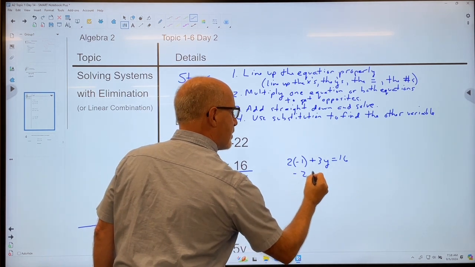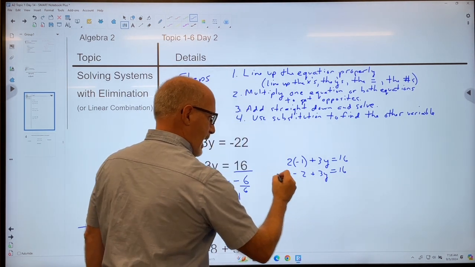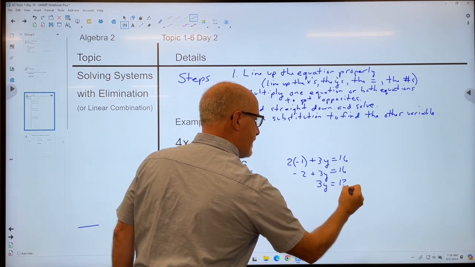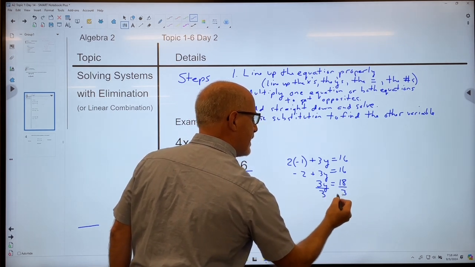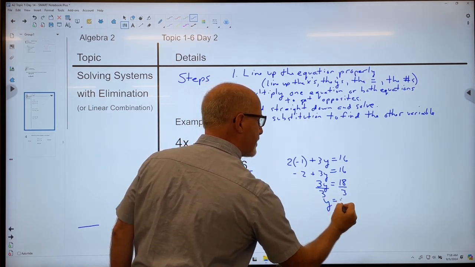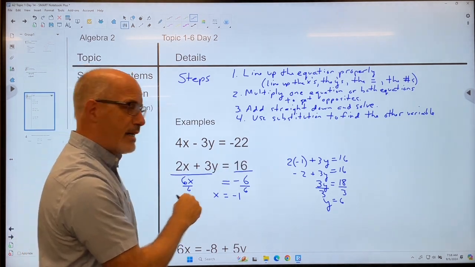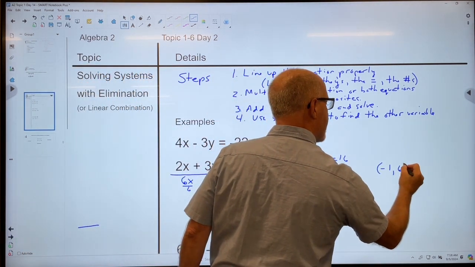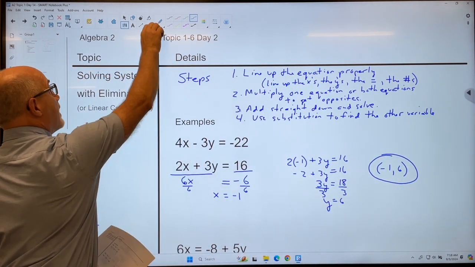Negative 2 plus 3y equals 16. Add 2 to both sides, 3y equals 18. Divide both sides by 3, and I get y equal to 6. So my solution will be this x and that y together, negative 1 comma 6, for an answer.